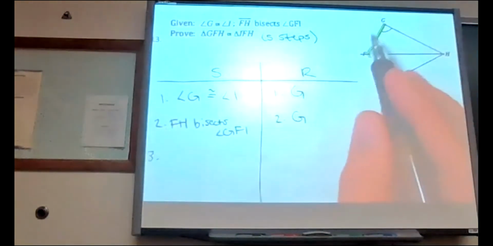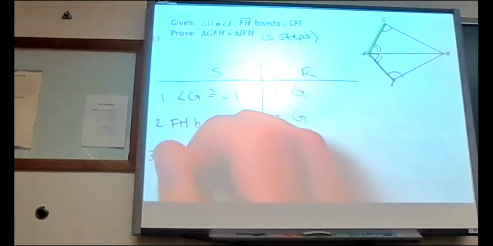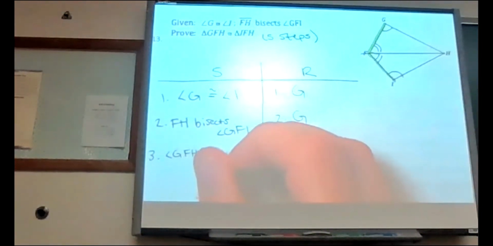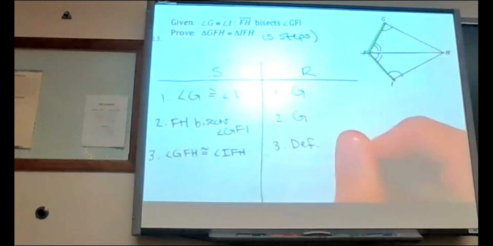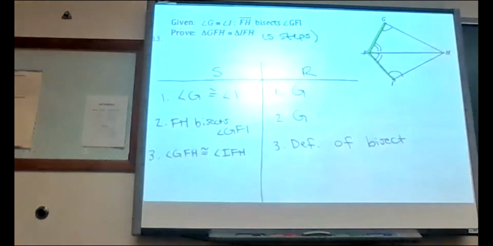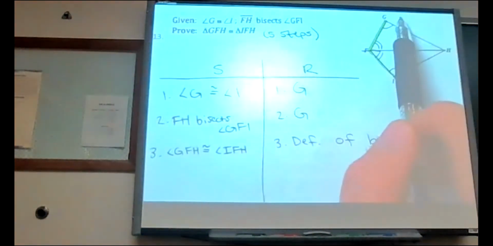So then I would have to write angle GFH is congruent to angle IFH, because that is the definition of bisect. Okay, that is what bisecting means. So right now I have two pieces, two angles.